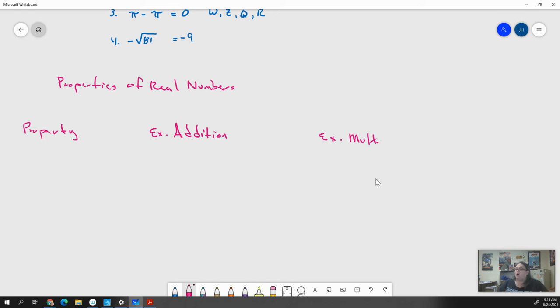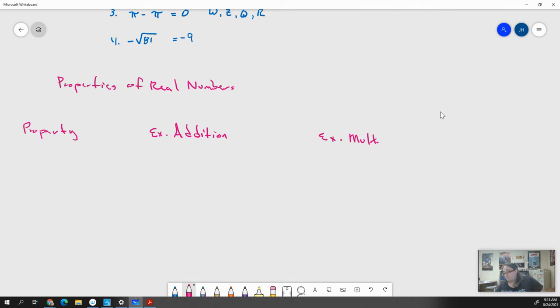Notice we don't ever talk about examples of subtraction or division. And the reason for that is subtraction is just addition, right? It's adding negative numbers. Multiplication and division are the same, right? They're just inverses of each other. Division is the opposite of multiplication. So if something applies under addition or it applies under multiplication, it automatically does with subtraction and division.